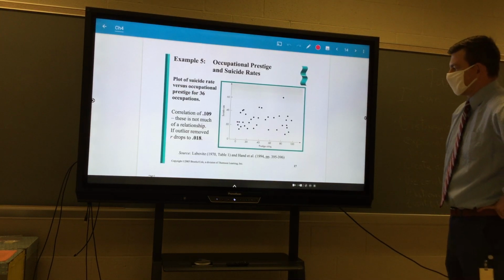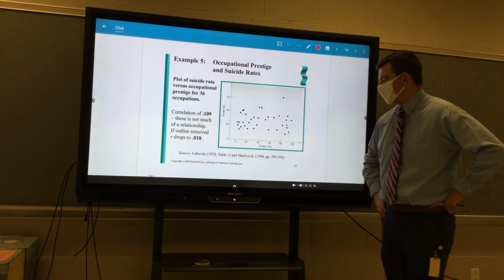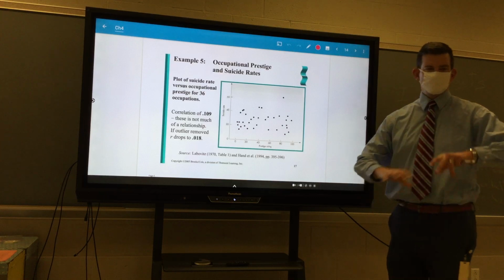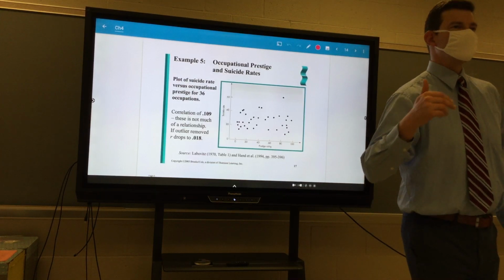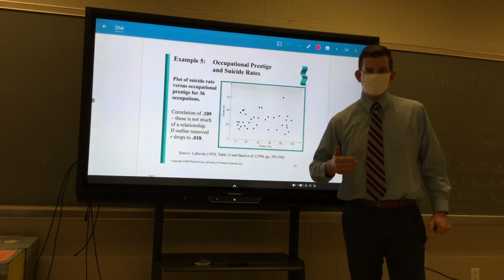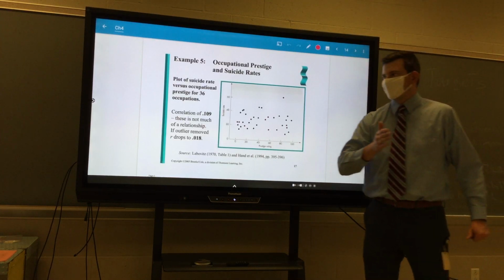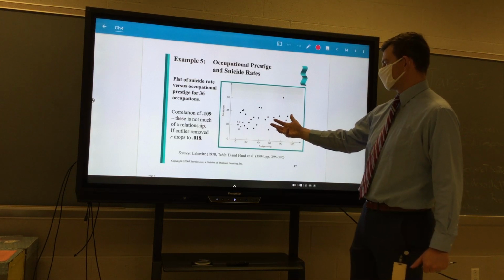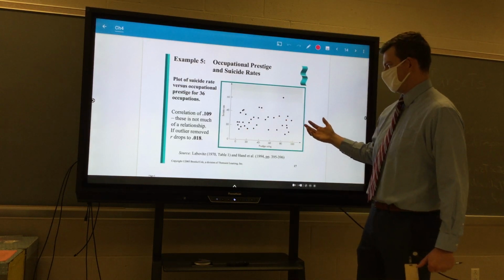We have a graph here that is looking at the occupational prestige ranking. So somebody ranks how prestigious your job is on a scale of up to 100, and the suicide rates, which are calculated usually per 100,000 people.